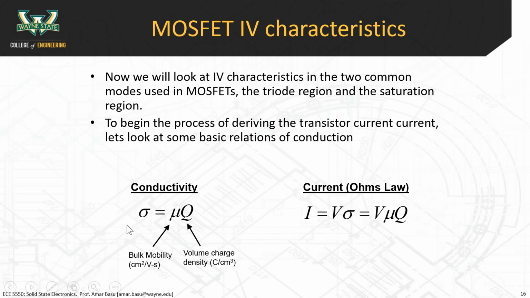We know that sigma is equal to mu, the mobility, times the volumetric charge density, which is coulombs per centimeter cubed.